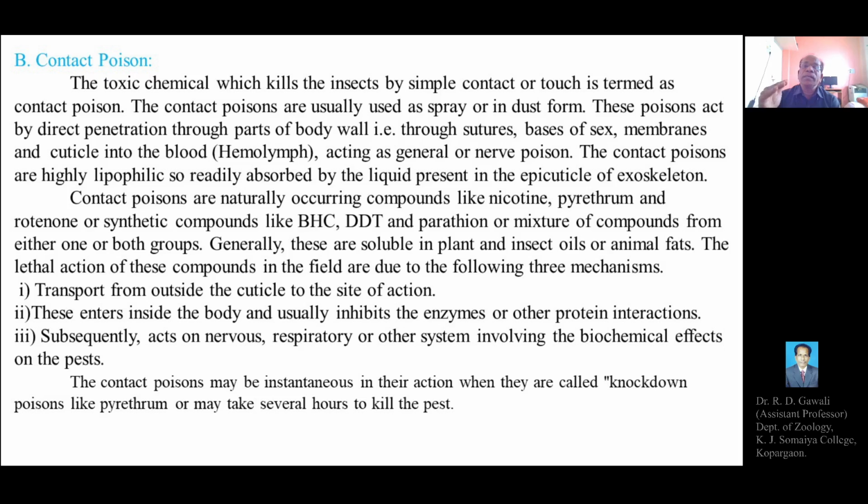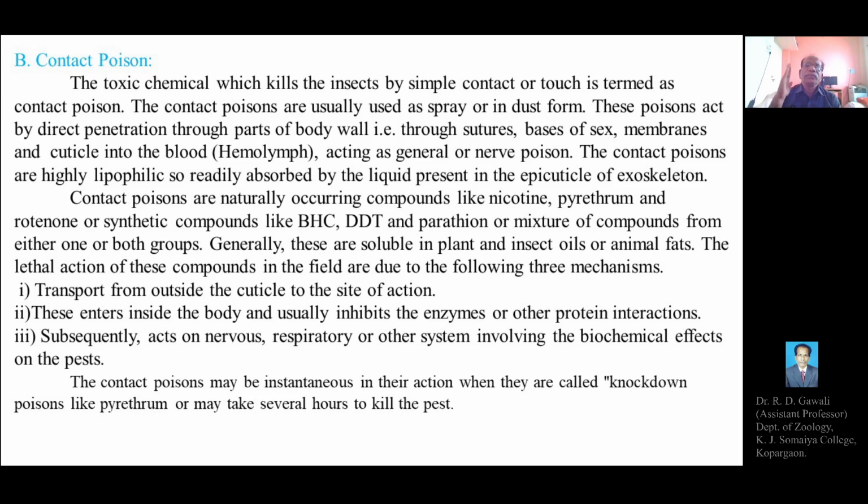So contact poisons get absorbed in the epicuticle of the integument through the lipids, as they are lipophilic. Most contact poisons are highly lipophilic and thus readily absorbed in the lipids present in the epicuticle of the integument, skin or exoskeleton.